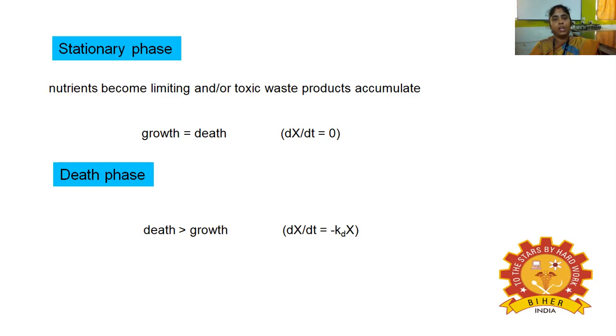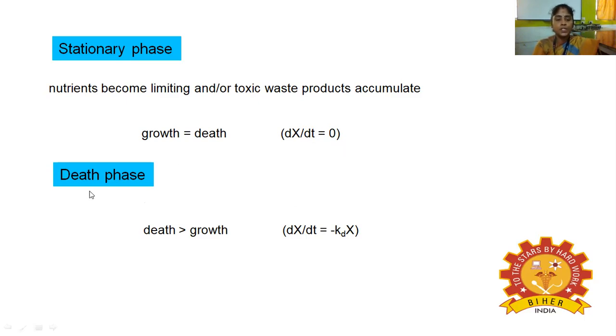That's why the nutrients become limiting and thereby toxic waste products get accumulated. There is no growth in the stationary phase, only product formation after growth. So the growth is equal to the death, and dx by dt is equivalent to 0.